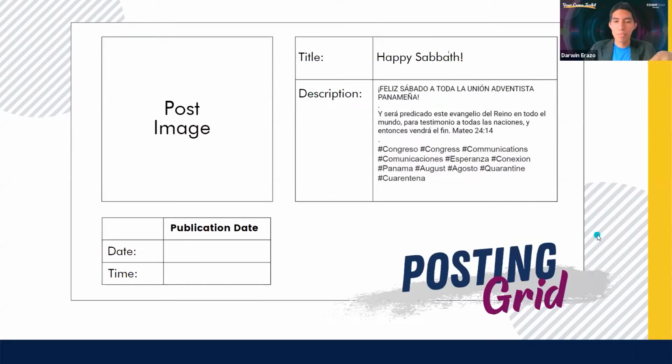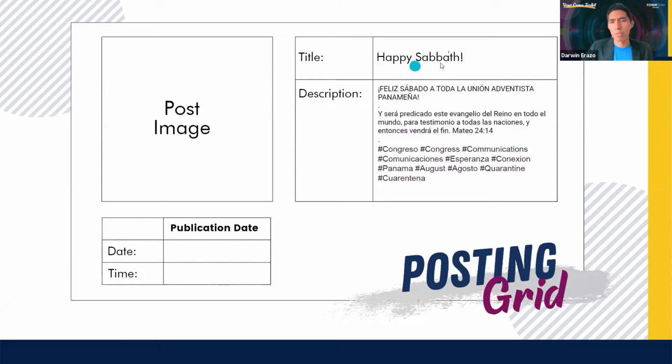Here is an example of a posting grid. This is the posting grid that we use in our union. It's only a guideline for what we are going to post. We put here the post image, and we add the date and the time that we are going to post that image.